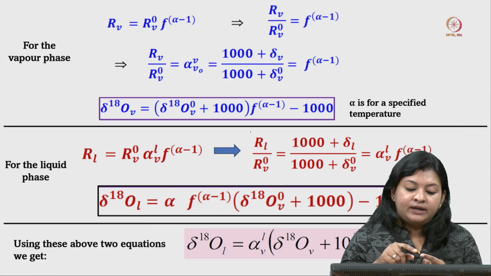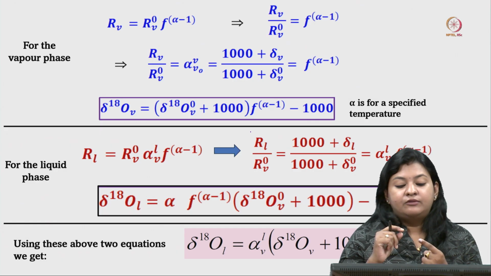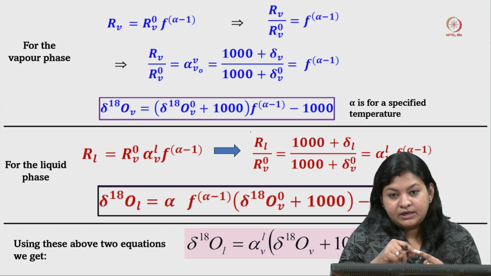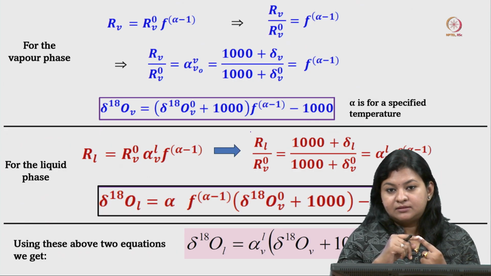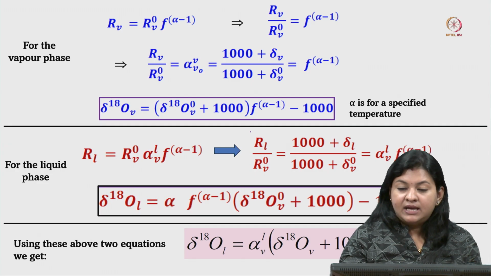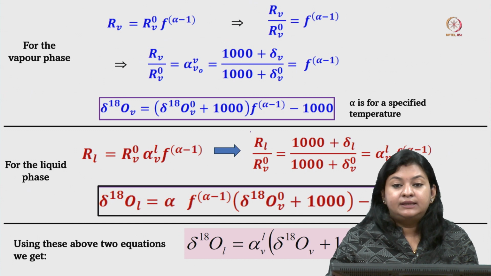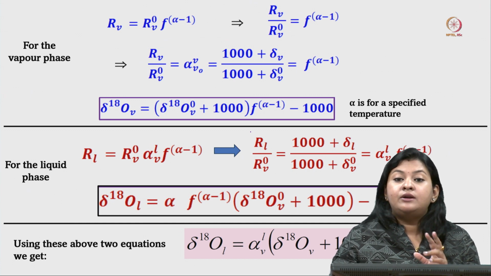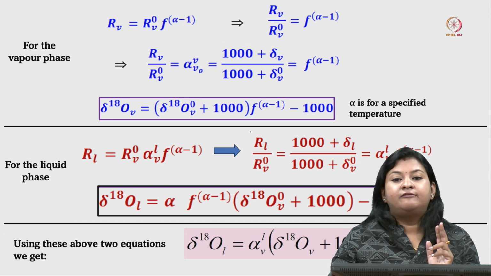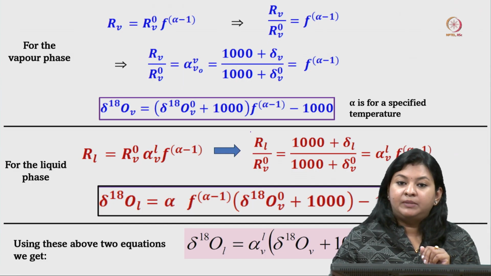So, we are going to find out two things. First of all, what is the ratio in the vapor phase. You collect the rainfall as well as the vapor. So, with both you have, then you can find out another unknown parameter, that is the fraction of vapor remaining.